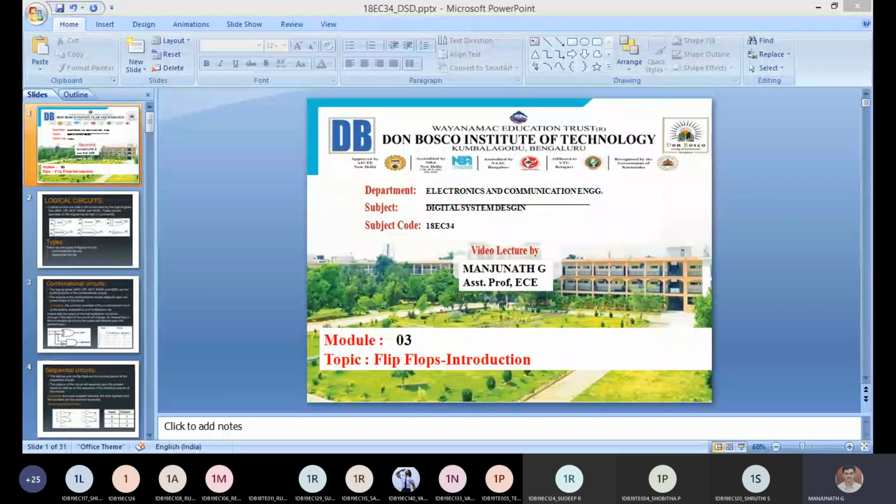So types of logic circuits means you have two: one is combinational, one is sequential. You already learned the combinational part. Can anyone tell me what could be the difference between combinational and sequential?